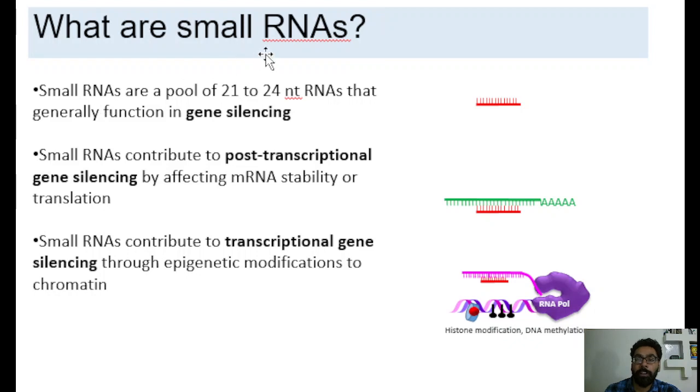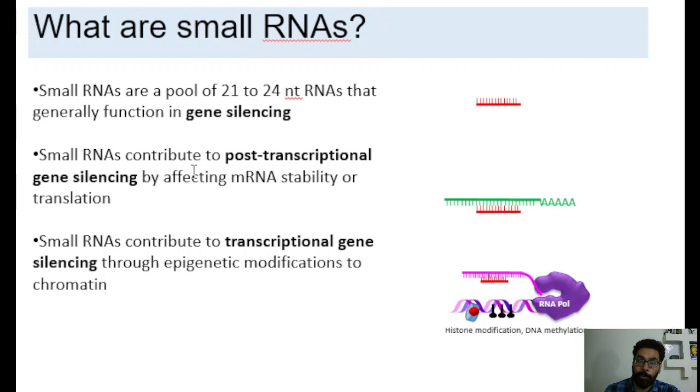But what are the different small RNAs that were generated after the chopping by dicer or DCL-like proteins? So what are small RNAs? Small RNAs are a pool of 21 to 24 nucleotide RNAs that generally function in gene silencing. Okay, so as we discussed, these RNAs contribute to post-transcriptional gene silencing as well as transcriptional gene silencing.